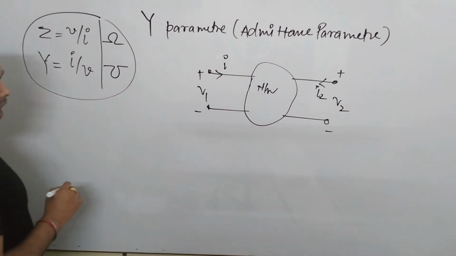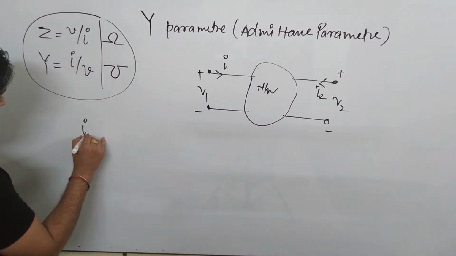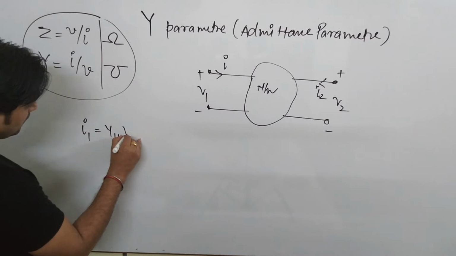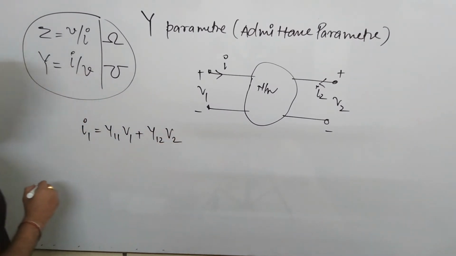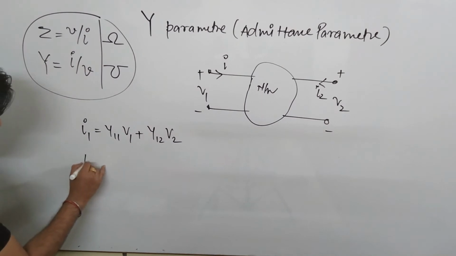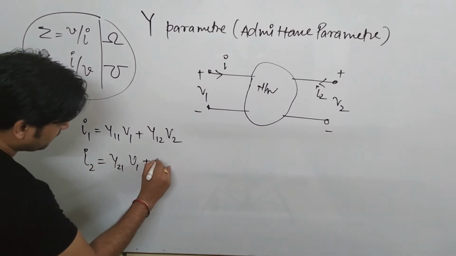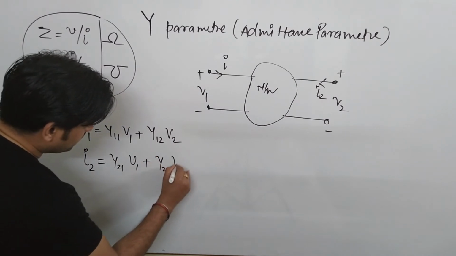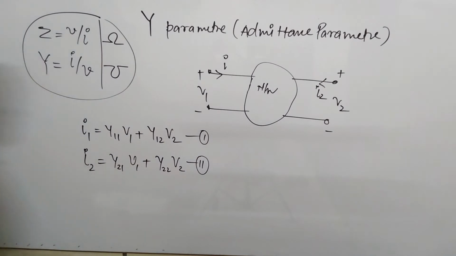First of all, the equations for the Y parameters are given by: I1 is equal to Y11 V1 plus Y12 V2, and I2 is equal to Y21 V1 plus Y22 V2. This is equation first, this is equation second. So these are the equations for the Y parameters.